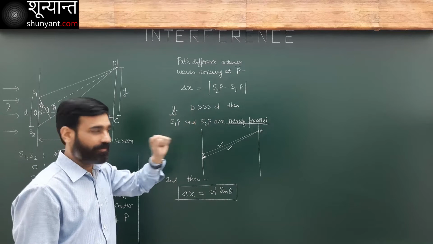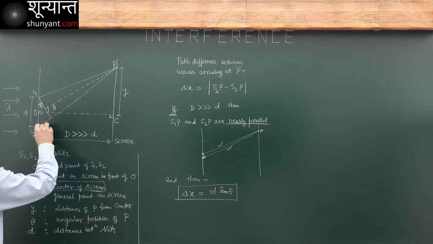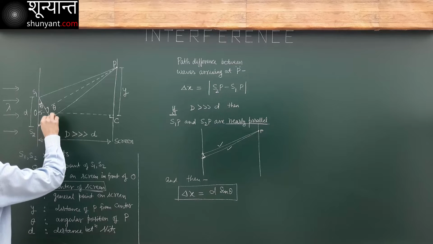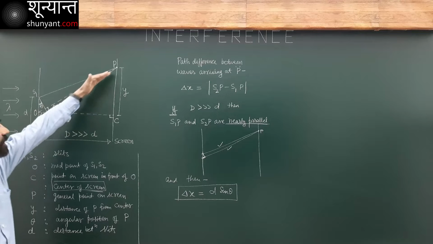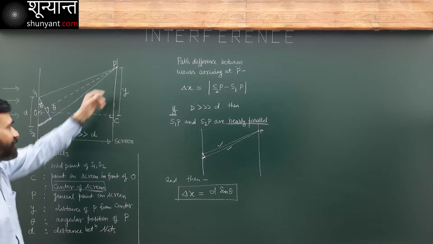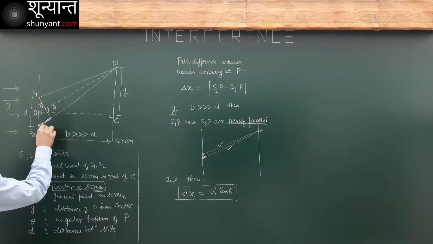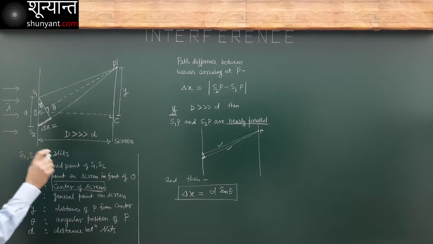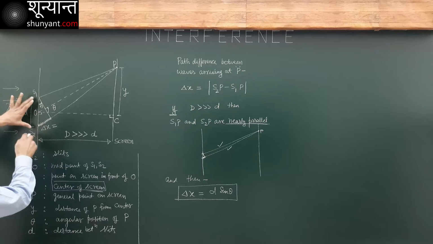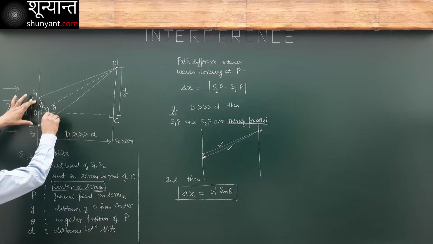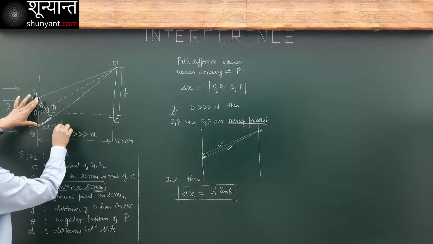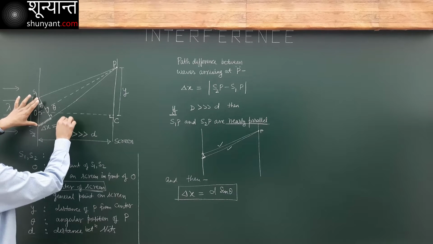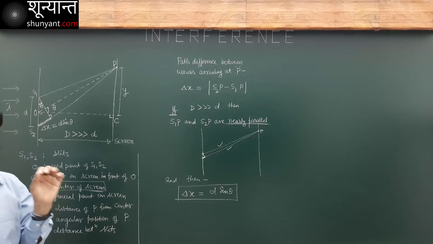Then this is the extra distance that this second light travels, so this will be the path difference, this delta x, between these two lights. So this is d here, this angle is 90 degrees, this angle is 90 degrees here. This is theta, this is d, so this becomes d sine theta. That's what you have to remember.